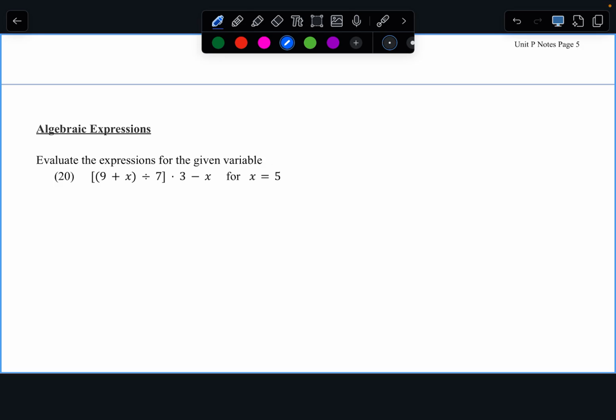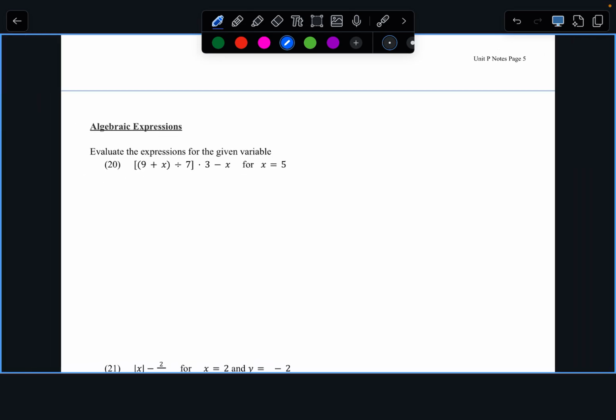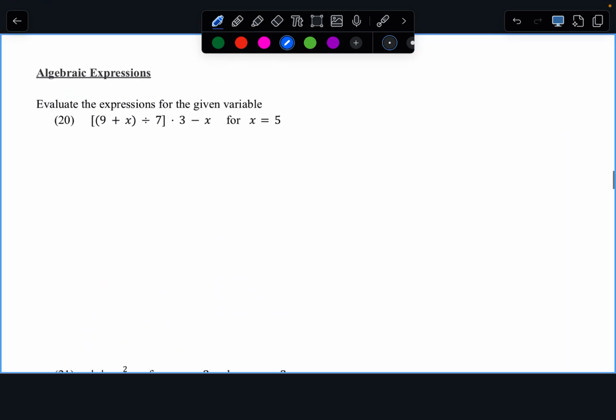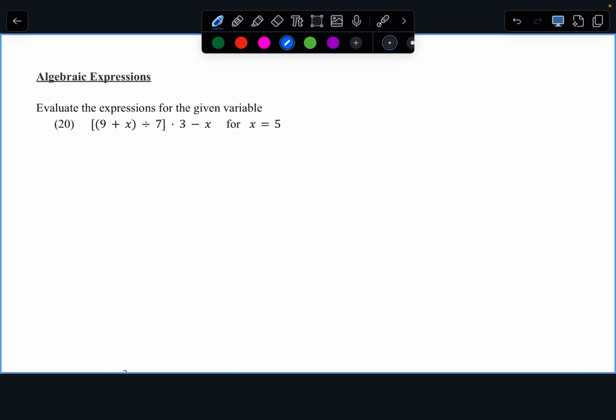Substitution. I have this whole complicated expression, and I'm like, hey, look, this letter is equal to this number. I promise it's not as bad as it looks. This just means replace the 5 in place of the x.